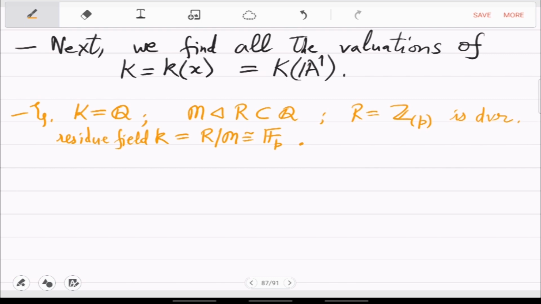What is the valuation that it gives on fractions?